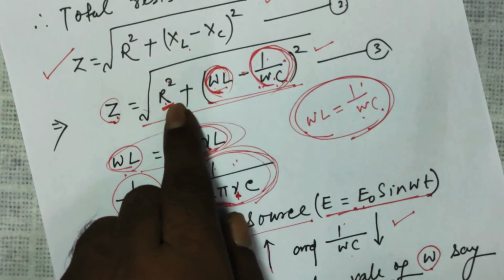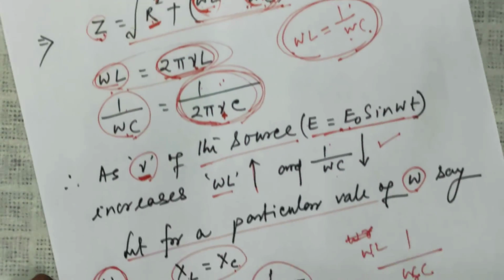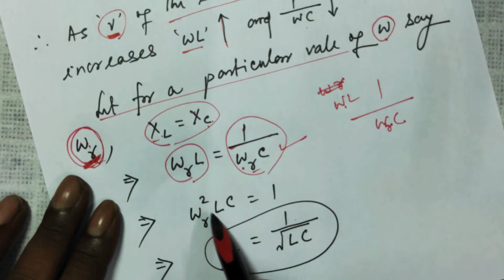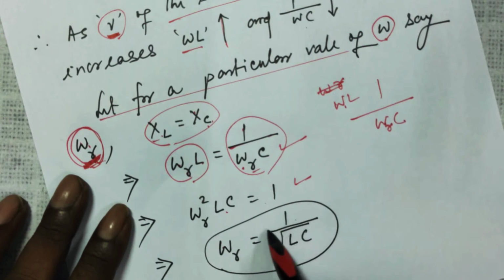So square root of R square is R, so Z is minimum, so current is maximum. By cross multiplying this, we get omega R square LC is equal to 1, so omega R is equal to 1 by square root of LC, right?